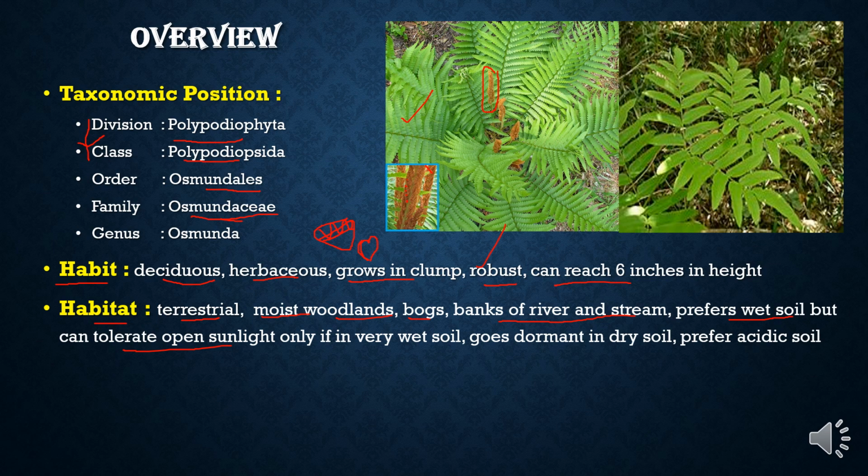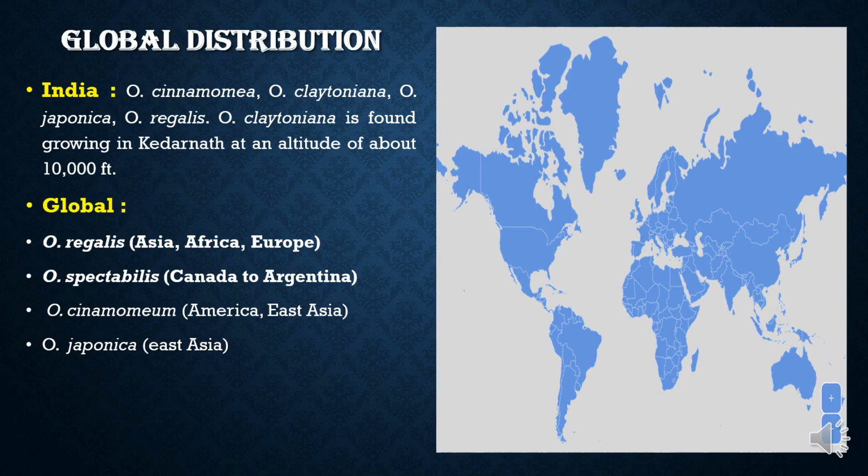The condition is that there should be a high amount of water or humidity around or in the soil. During the dry season, the leaves turn deciduous and the rhizome lies dormant. Though they grow in all types of soil, they prefer acidic soil. So this is all about the habitat.